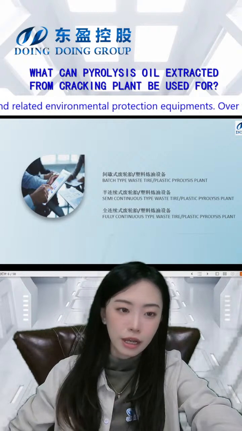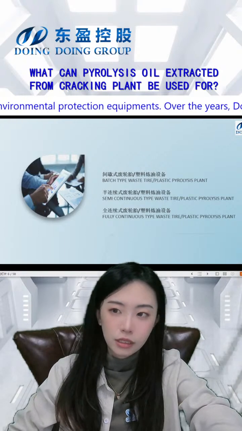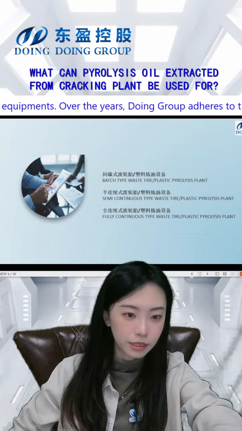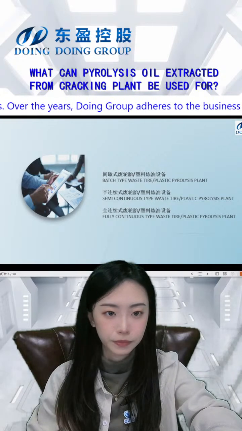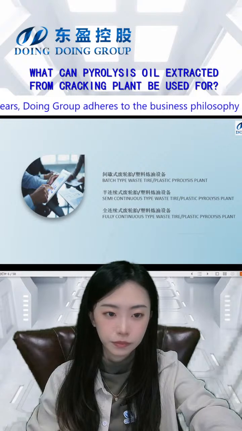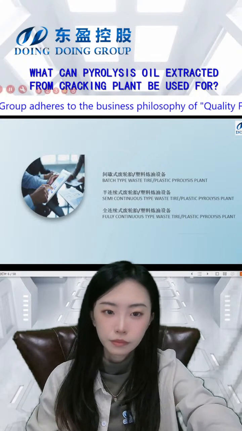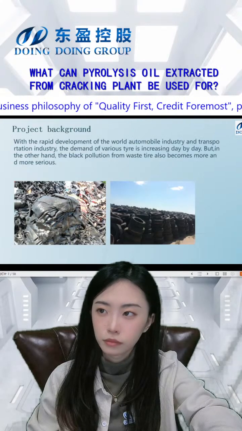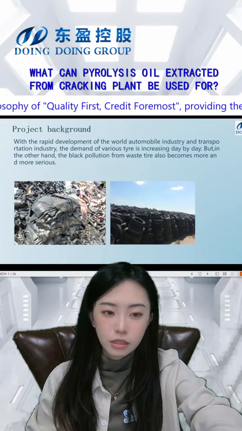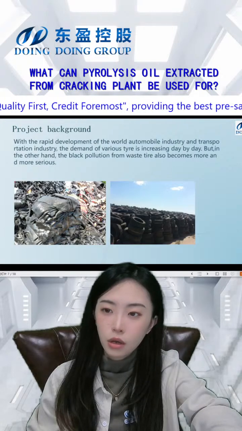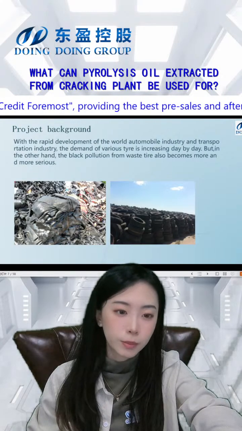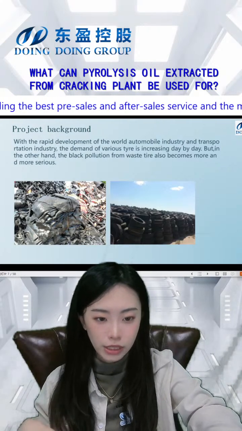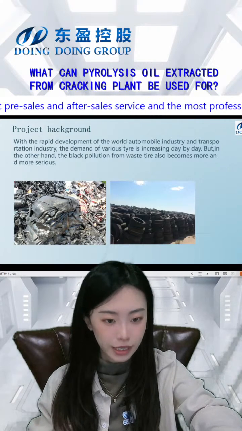And these are 3 kinds of equipment: the batch type pyrolysis plant, semi-continuous and fully continuous pyrolysis plant. All this is some background of this business, like our raw materials, the waste tire and waste plastic.